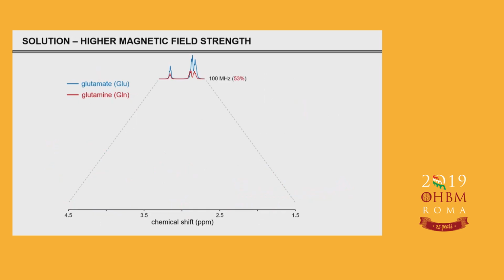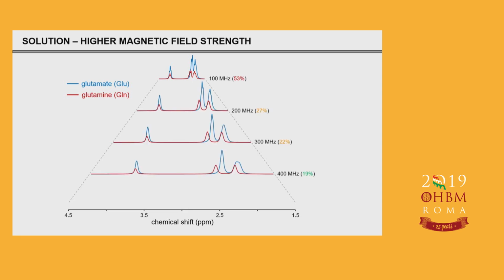Well, one thing you could do, which is an expensive solution, but it works quite well for some molecules, is to basically go to a stronger magnet. So here are simulated spectra for glutamate and glutamine. At 100 megahertz, they basically overlap at every position. But if you now increase your magnetic field strength higher and higher, and the highest one is 11.7 Tesla, or 500 megahertz for protons, you can see that around the 4 position, the glutamate and the glutamine are now fairly decently separated.